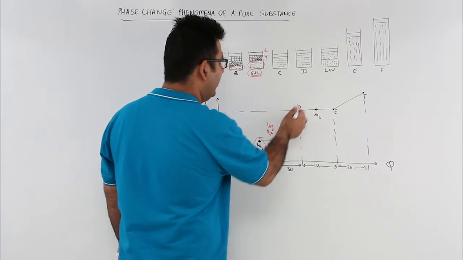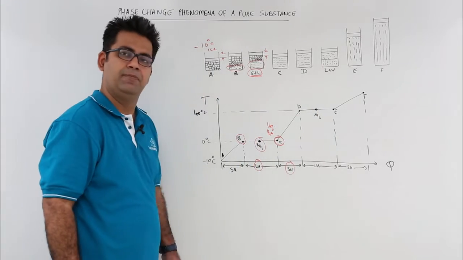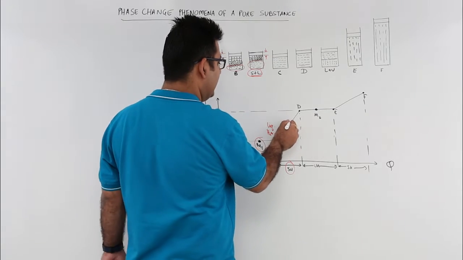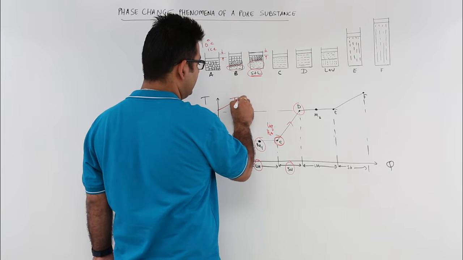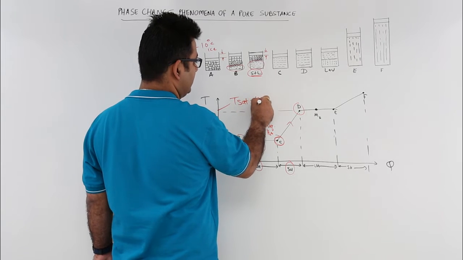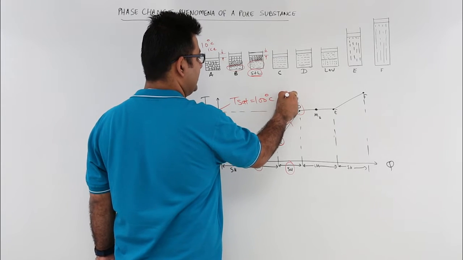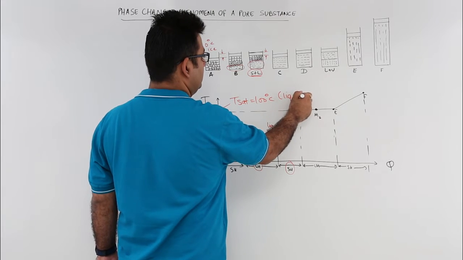Now from C to D, you again add sensible heat. Upon adding sensible heat, it reaches point D. So this is the saturation temperature, which is 100 degrees Celsius, and this is entirely liquid water right now.